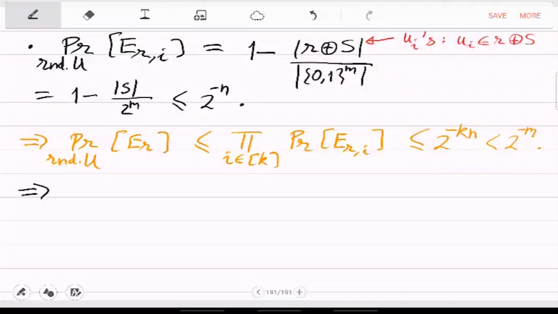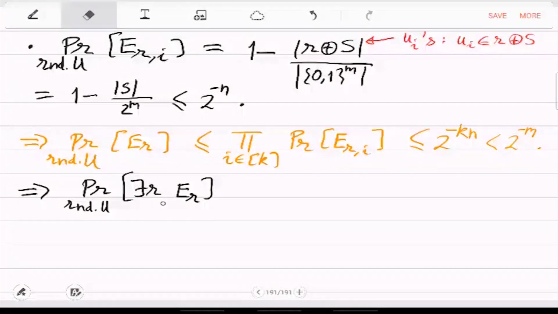which means that the probability, when you randomly pick U, that there is an R for which ER happens, and where is this R? This R is in the space 0, 1 to the m, right?